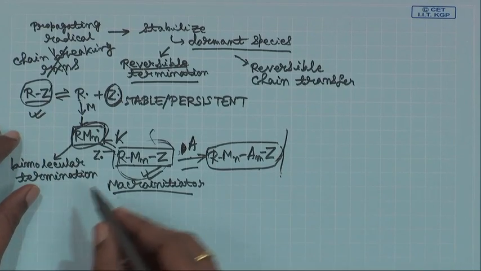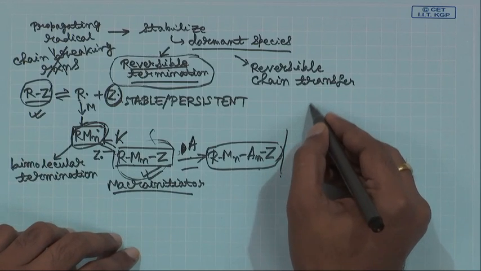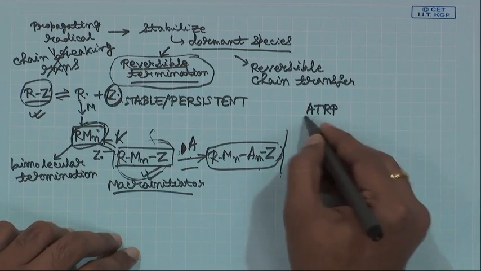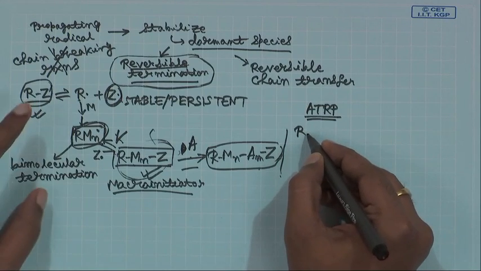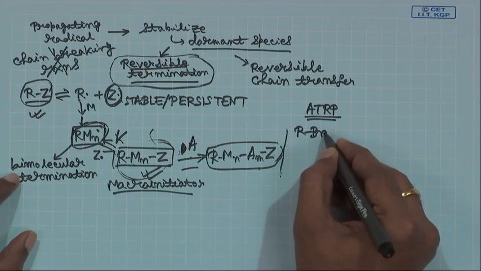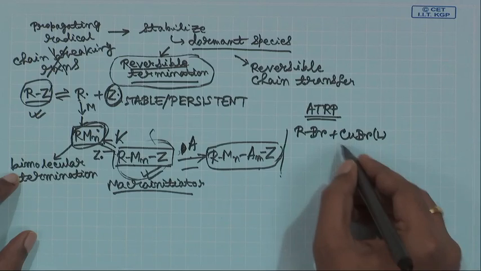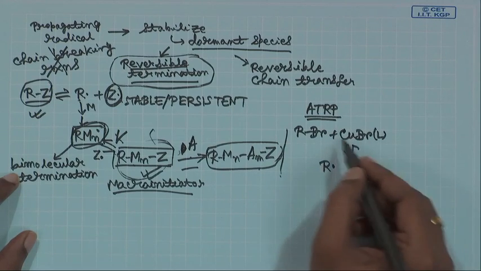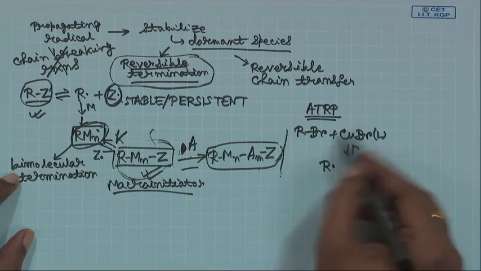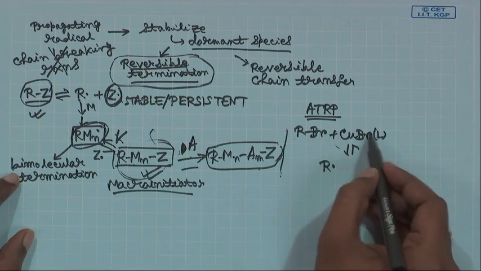So, we had already talked about one of the processes of reversible termination, which is ATRP, atom transfer radical polymerization. In this, the RZ is your alkyl halide you are using, and you are using a copper halide, cuprous halide, as the catalyst, and this will react reversibly. What will happen is that in a redox pathway, this will activate the RBr, electron transfer will happen, and the bromine will also be transferred to CuBr.